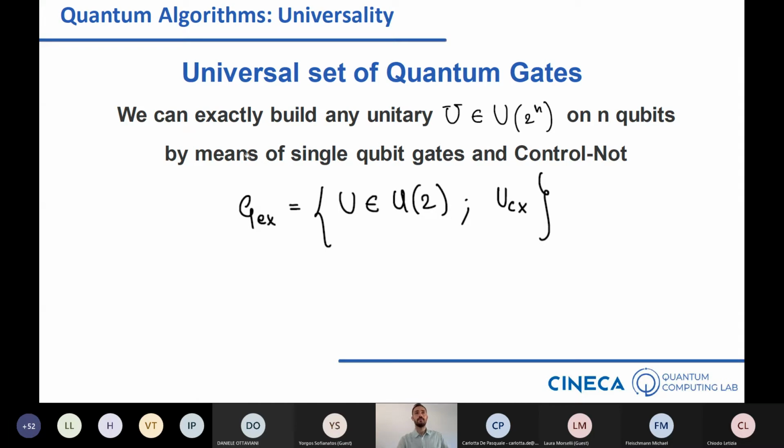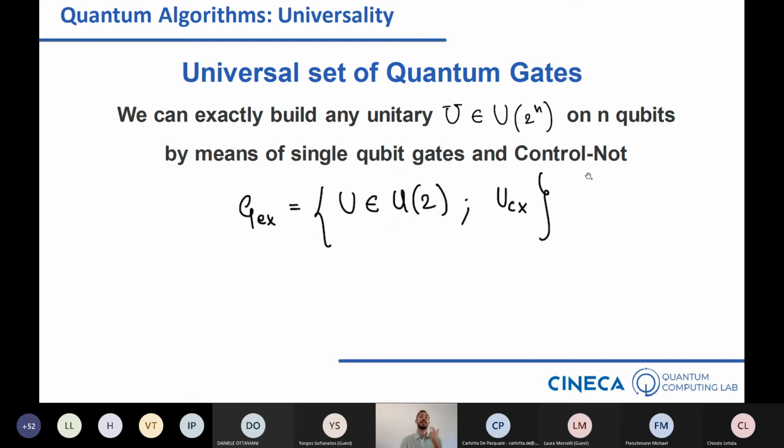And this is the definition. So we can exactly build any unitary U on n qubits, which means that the dimension of the U matrix is 2 to the n times 2 to the n. Okay, yeah. 2 to the n columns, 2 to the n rows, by means of single qubit gates and control not.